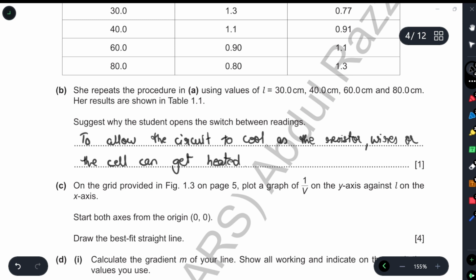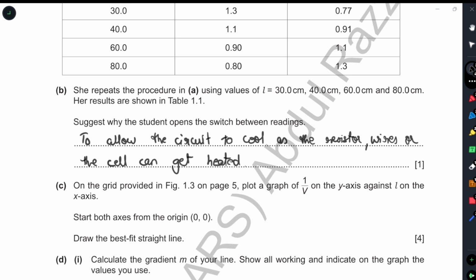Of course, we just need to suggest why. If the question says explain, then you can say that electrical energy is converted to heat energy, which will then increase the resistance. And if we do not let it cool down, then your values will be affected by this.